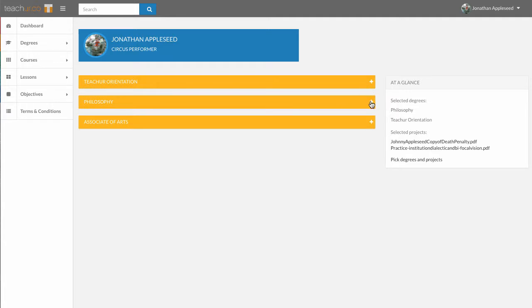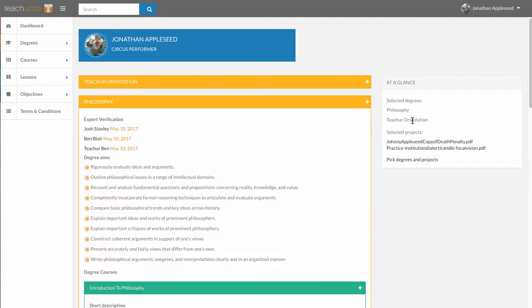And then if I go into one of these degrees, so this is a degree in philosophy. And right off the bat, we've got, this has been verified by 3 different experts. So this is what you would get in a degree hearing, is you would have 3 different experts, usually PhD level people in that field, who have verified that you have met the degree aims.